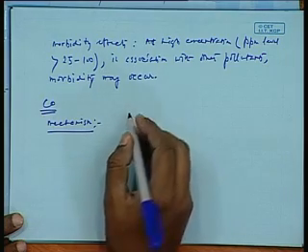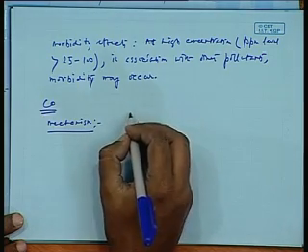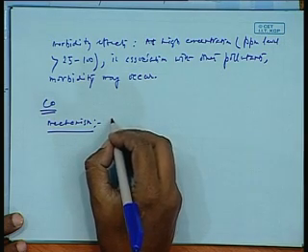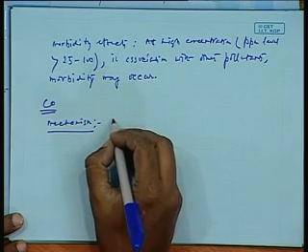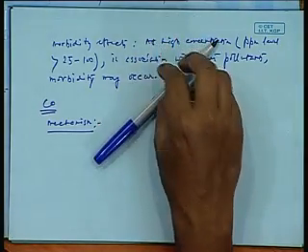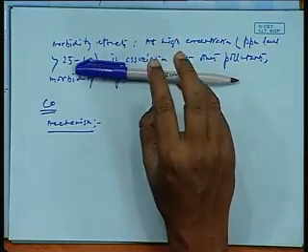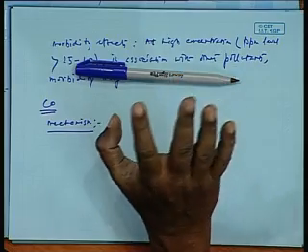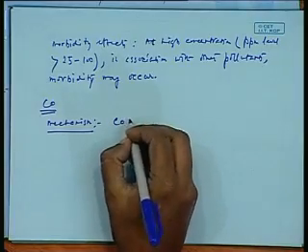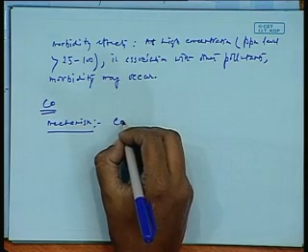Let me tell the mechanism first. As you know, what is the effect of CO poisoning? Fainting and death. That is clearly CO poisoning. What happens? It is mostly, as you know, carboxyhemoglobin.